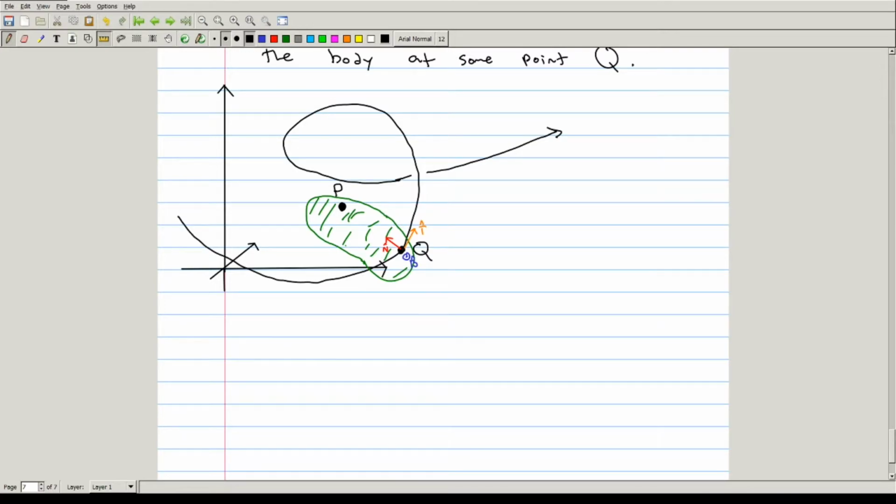So the first thing to notice is that from the origin, call it O, over here we have a position vector out to P, just like we have a position vector out to Q. And we also have a position vector from Q to P. So what we want to consider is the motion of this body and the relative motion of this body, and how we can describe that motion and understand that motion.